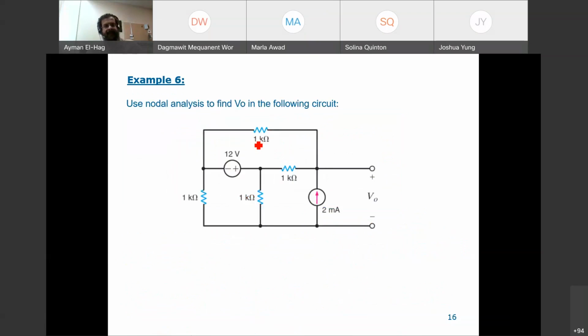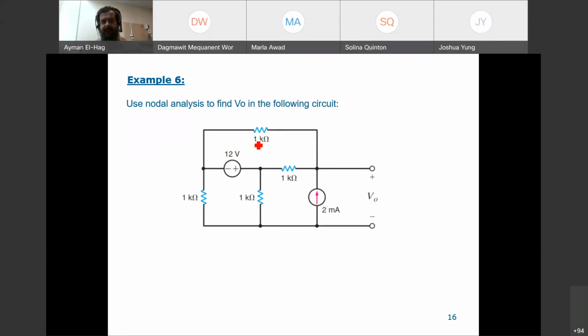Okay, so now let's see this interesting question, which is a little bit more demanding. I would say that this is the level of difficulty you would see in the exam. Now, I will solve this question two different ways.